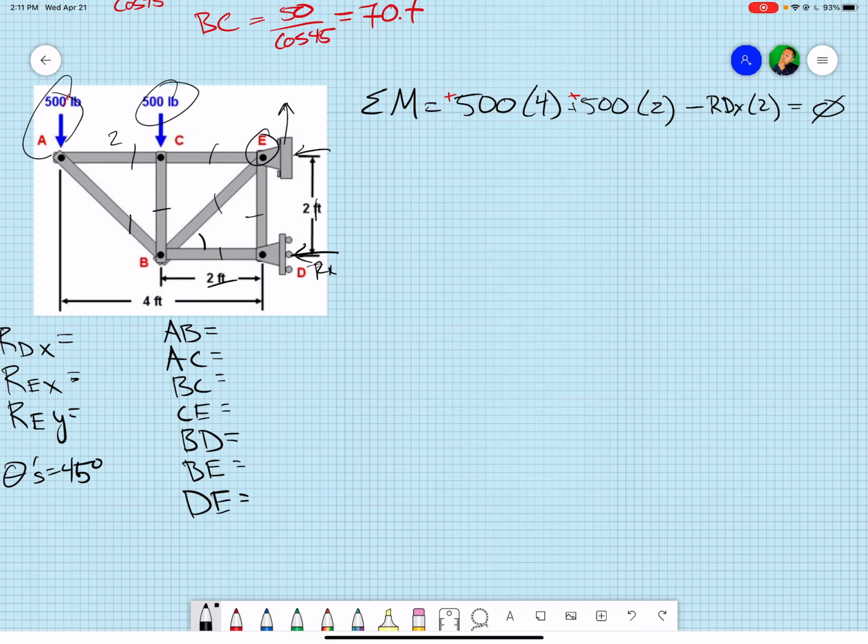So we can do a little math here. 500 times 4, that will be 2,000. Plus 500 times 2, that will be 1,000. Minus RDX times 2 is equal to 0. All right, and I'm going to rearrange that to be 2 RDX, just because that would be a lot better. So I'm going to add 2 RDX to both sides.